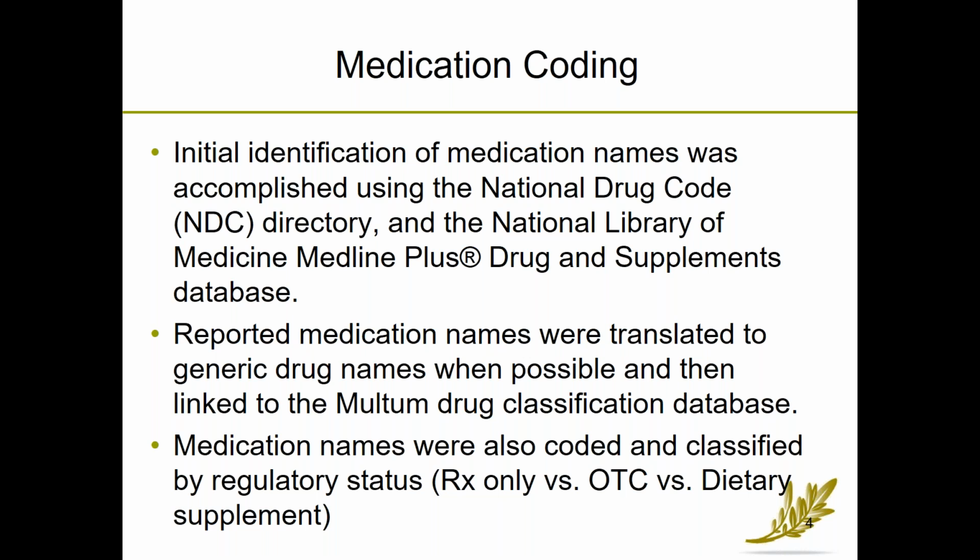These generic drug names are then linked to the Multum drug classification database, which categorizes drug names at the generic drug name level to a hierarchy of therapeutic and pharmacological drug categories. And that's important in terms of using the data analytically.